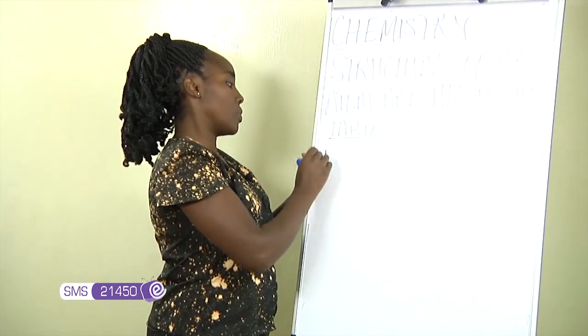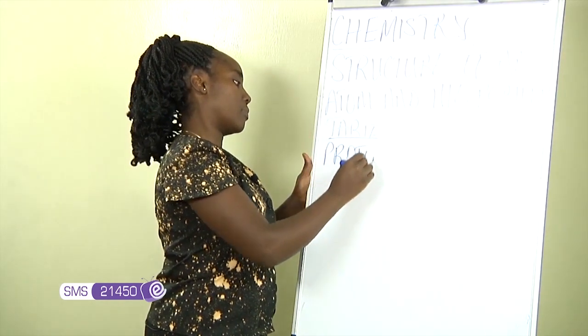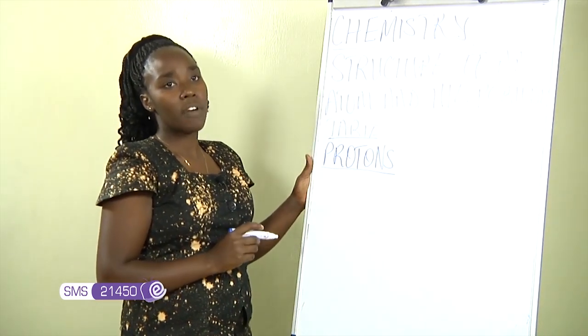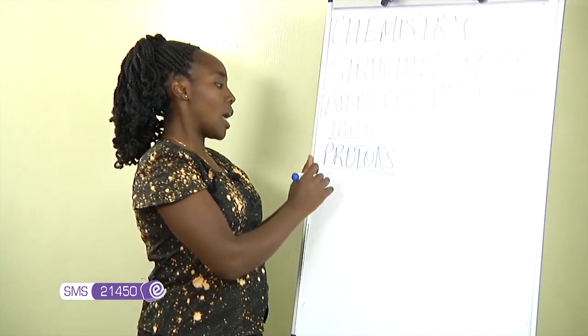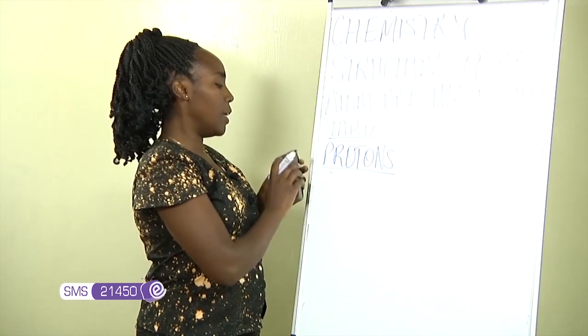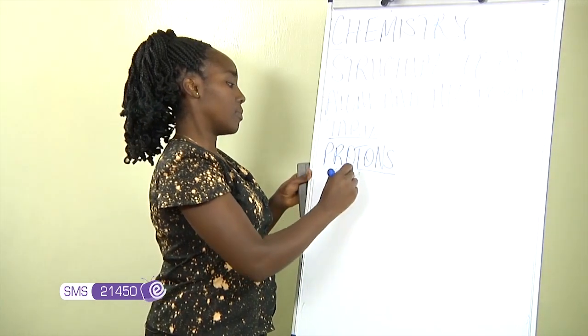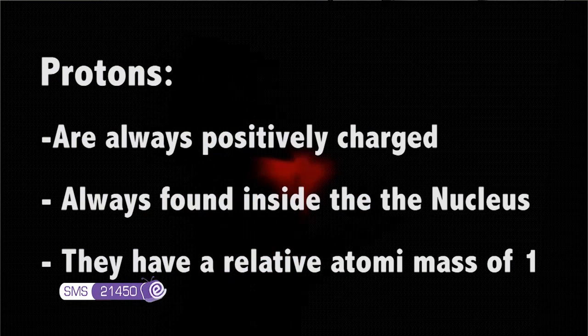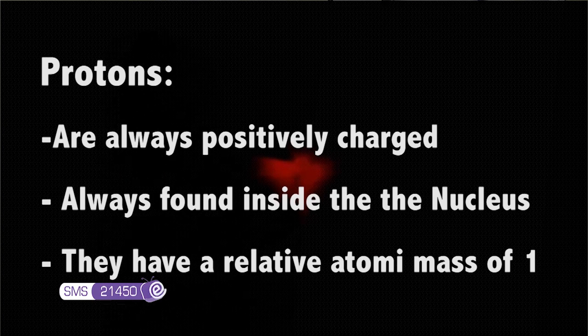We start with the protons. The protons simply are particles that are found in the nucleus. The protons are always positively charged particles in an atom. Number two, the protons usually are found inside the nucleus.